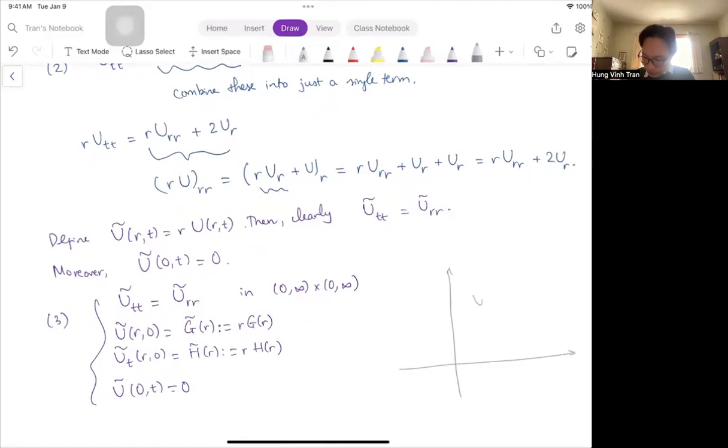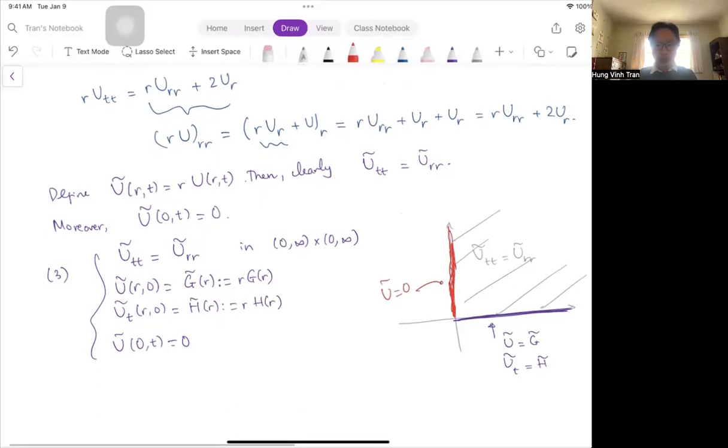I have the equation inside here. On this boundary we have u tilde equals g tilde and u tilde_t equals h tilde. And on the other side of the boundary, we have u tilde equal to 0.